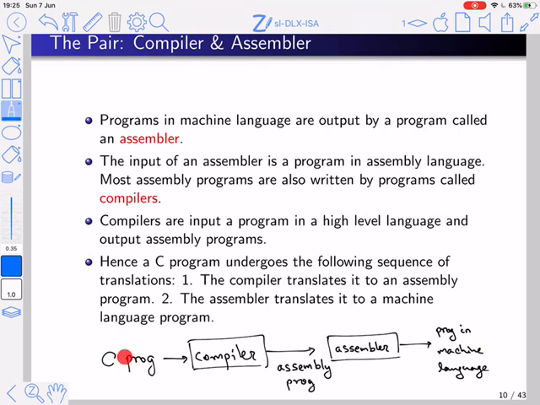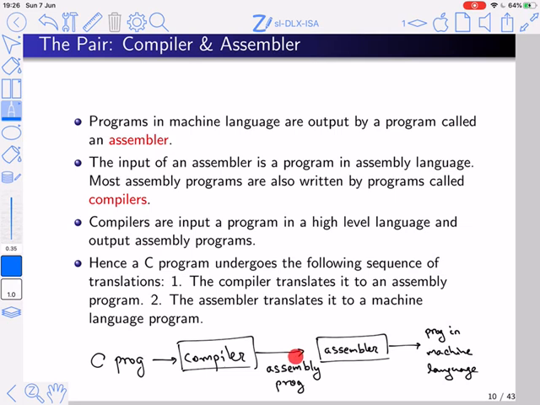This translation takes part in two stages. In the first stage, I translate the C program to another program in a language called assembly. This translation is executed by the compiler. So the compiler accepts as input a program in C or in a high-level language and outputs a program in assembly language.